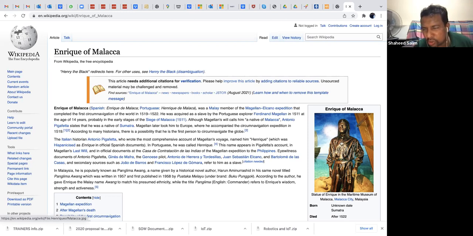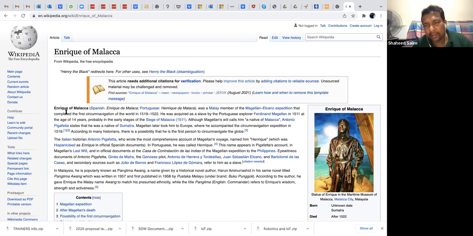Because he's so skilled in sailing and shipping, they call him Henry the Black, or in Portuguese or Spanish, Enrique. Enrique means Henry. It is just like Jacob is Jacob, Daud is David. That is Arabic and English. Now this is Spanish, Enrique. In English it is Henry. So they gave him a name, Henry.